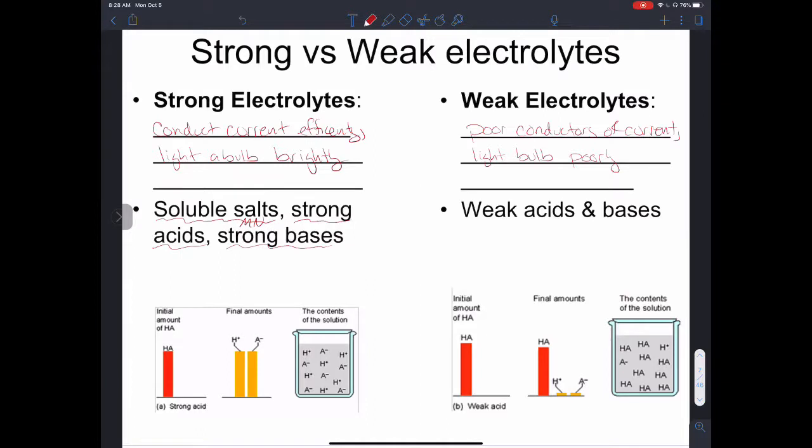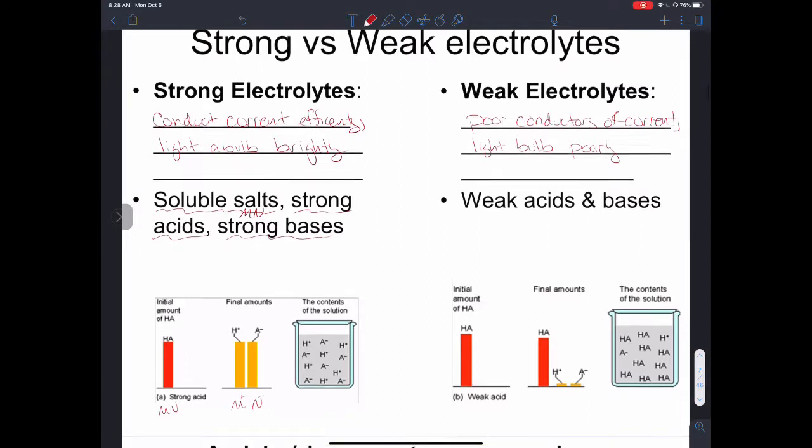So salts, strong acids, strong bases. If the salt dissolves, remember, the salt is a metal and a nonmetal. The metal and the nonmetal should come apart and form ions and be rich in solution.